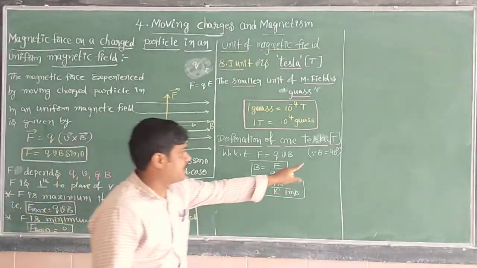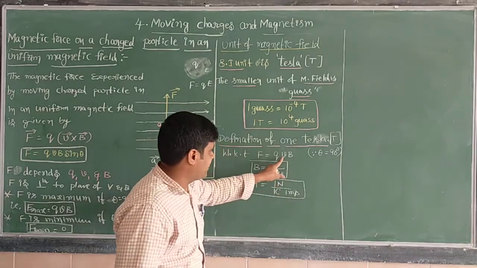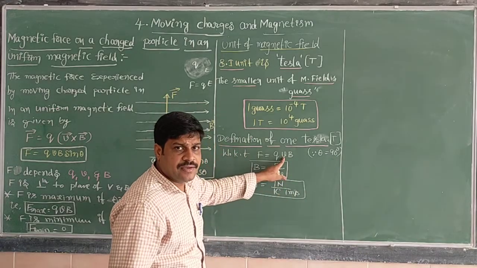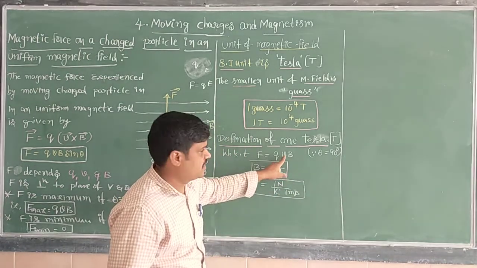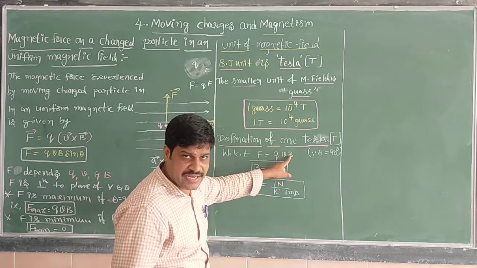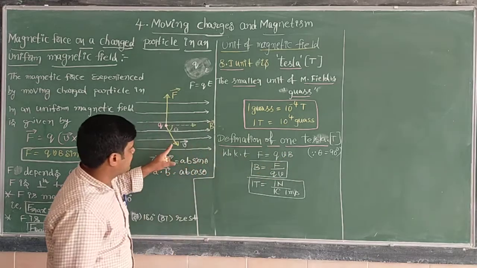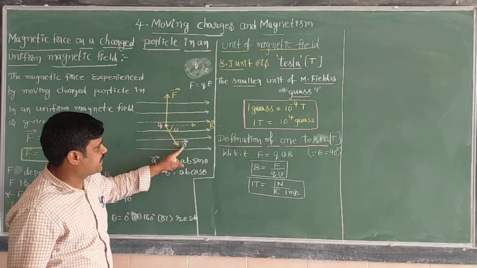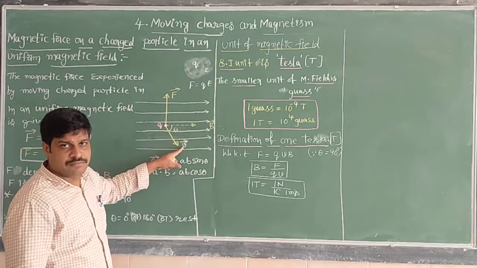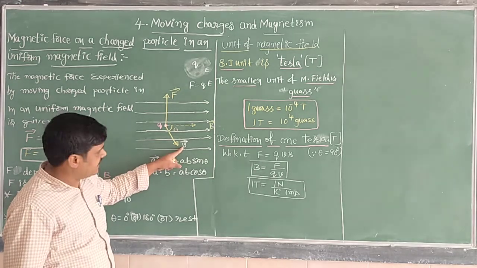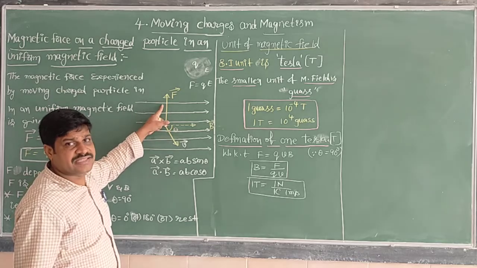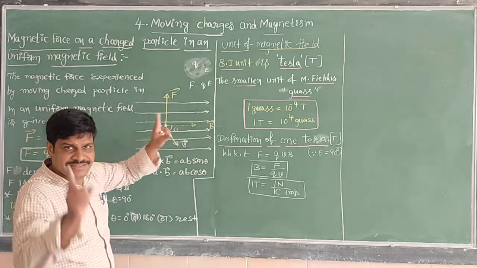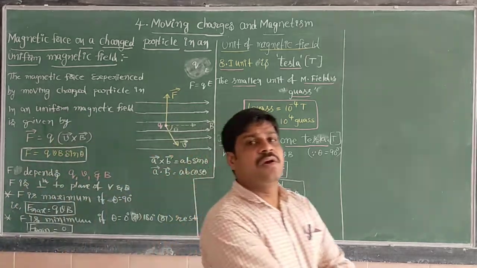Right angle means the angle between the speed of the charge and the magnetic field must be 90 degrees, and the charge must be moving with a speed of 1 meter per second, and it must experience 1 Newton force. Then the magnetic field is said to be 1 Tesla.